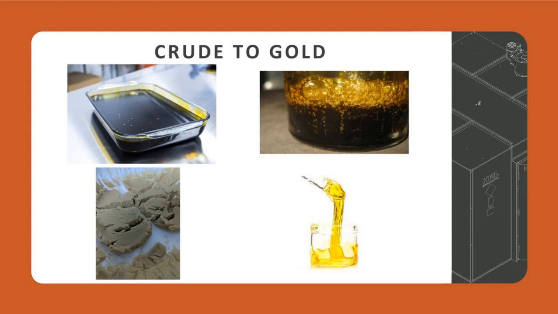But through processes like decarboxylation, which we see on the top right, essentially off-gassing the carboxyl group from our THCA to convert to THC, and then through dewaxing, like we see on the bottom left there, we're able to then distill isolated cannabinoids and products out of that crude oil and get something really nice and pure like we see down there on the bottom right.